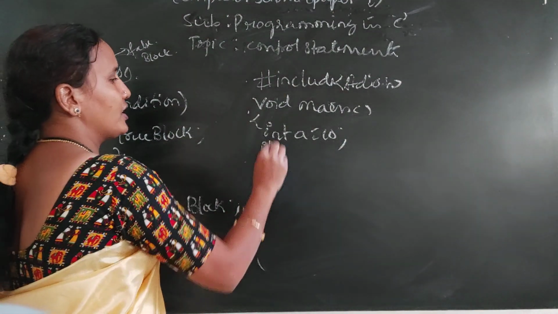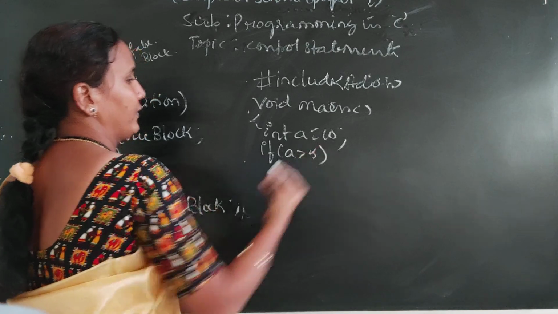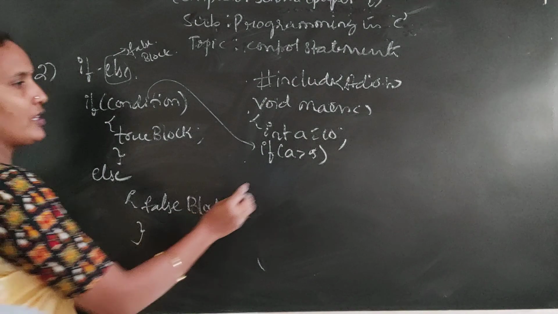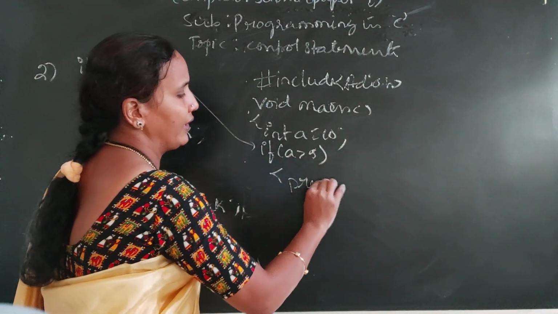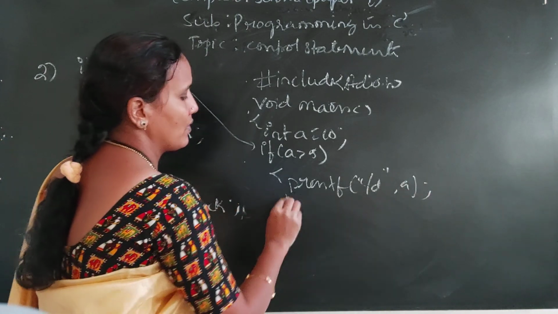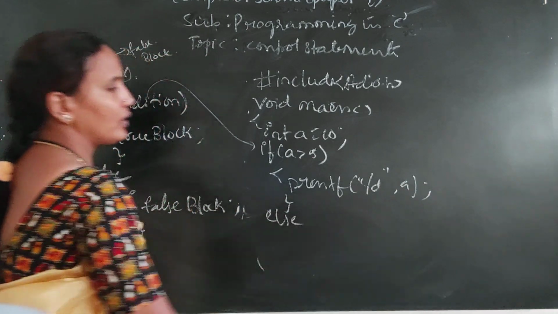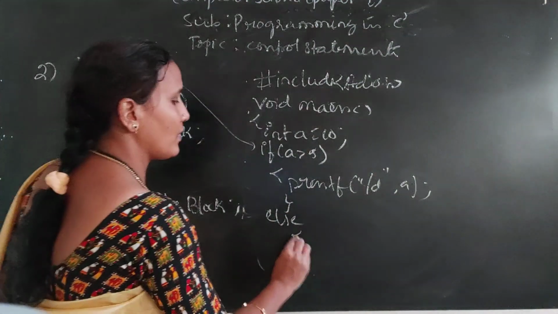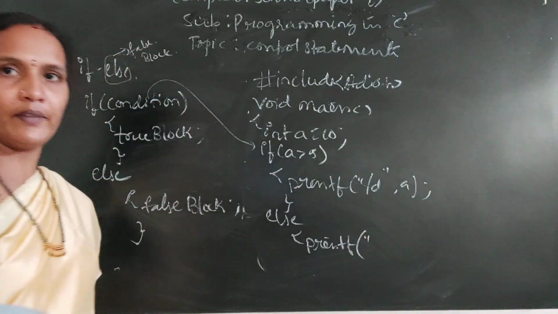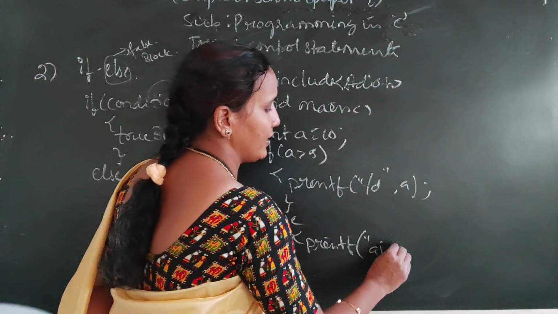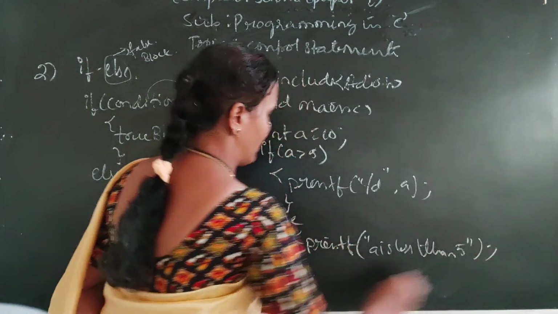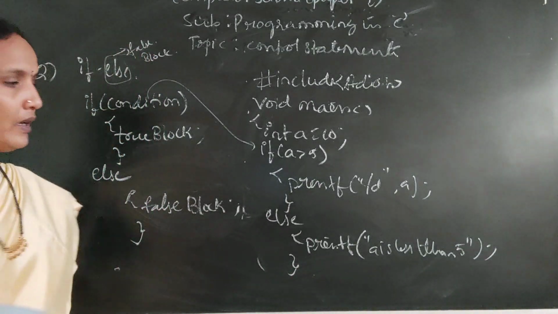Now I am giving a condition: if a greater than 5. If the condition is true, I want to print the value of a. Else, what do you want to print? I want to print the message a is less than 5. That's it. And close the main function.